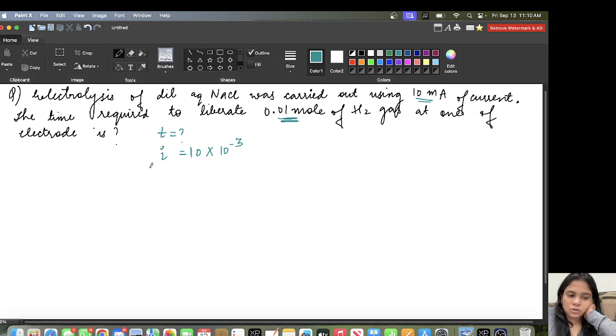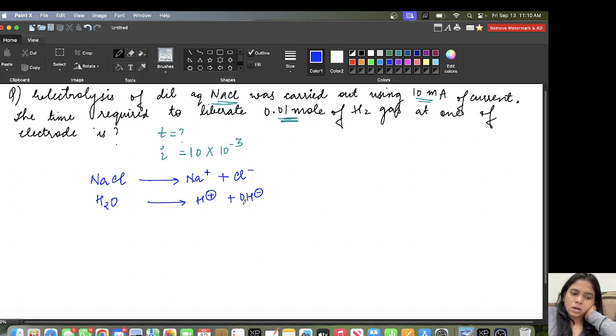We know NaCl electrolysis is happening. So NaCl is getting split up into Na+ and Cl-, and similarly H2O is getting split up into H+ and OH- ions, right?